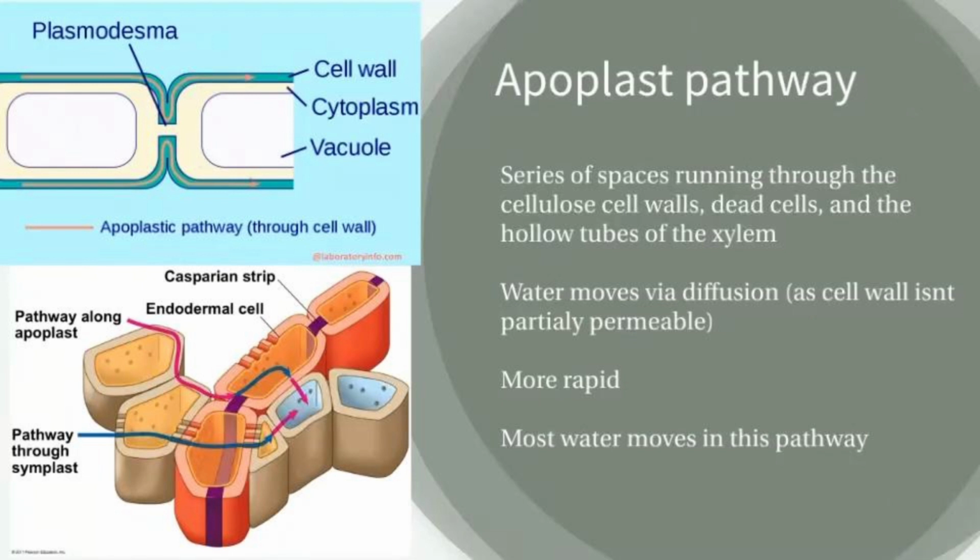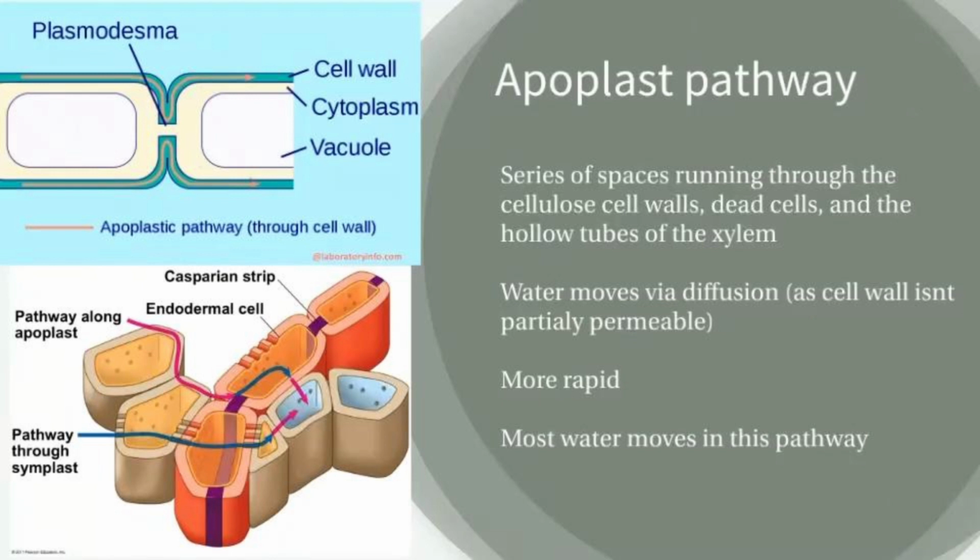This suberin can form a band called the Casparian strip, and this can prevent water from travelling in the apoplastic pathway. So when water or anything that's dissolved in the water reaches this strip, they must then switch over to take the symplastic pathway. I'm going to go on to exactly what that is in a minute.